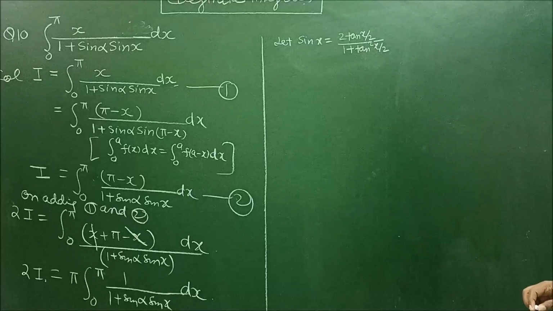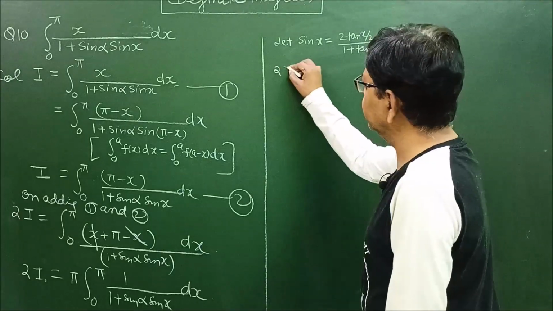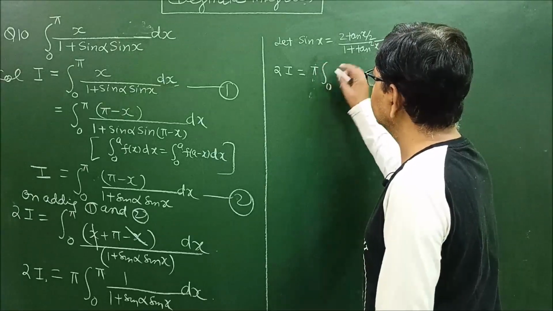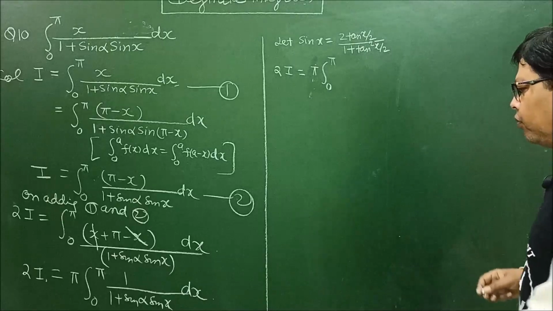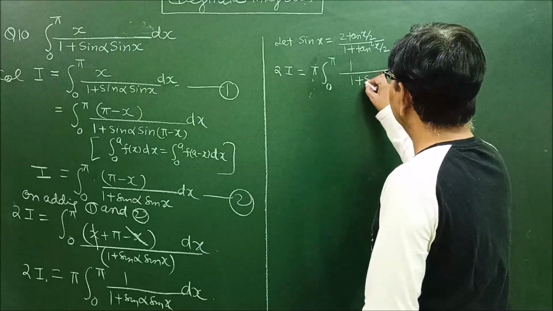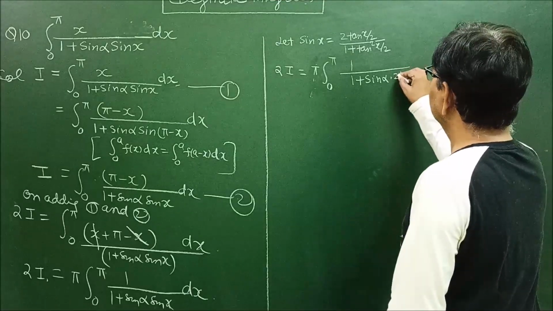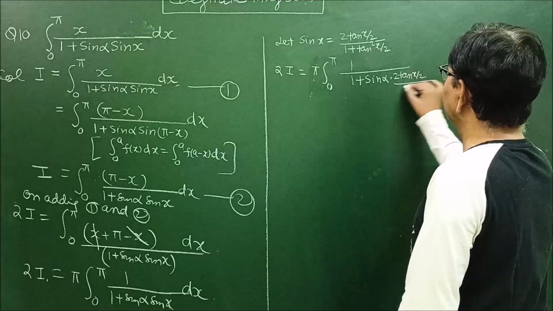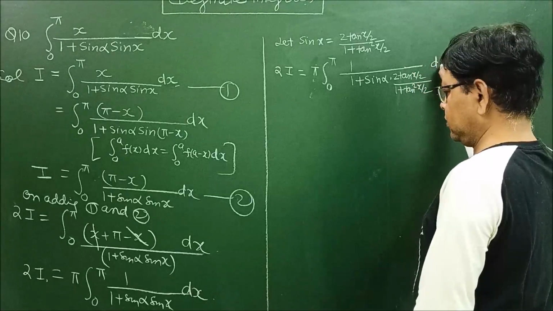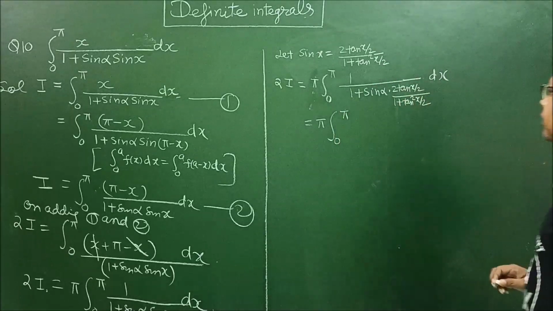So putting this value of sin x, we get 2I is equal to pi times integral 0 to pi of 1 upon 1 plus sin alpha into 2 tan x by 2 upon 1 plus tan square x by 2, dx.